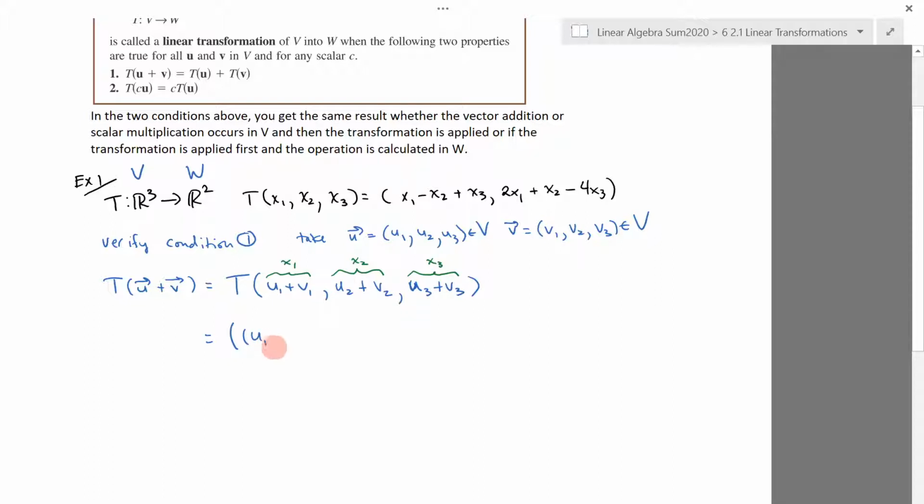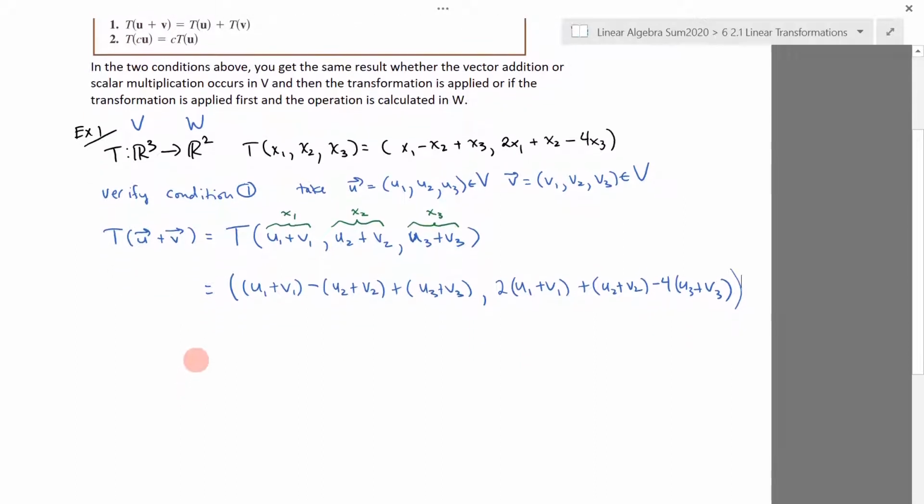So this is x1, then minus x2, which is this, plus x3, which is this. So that's the first component, and then the second component is 2x1 plus x2, and then minus 4x3. Okay, so that's the result of the left-hand side.